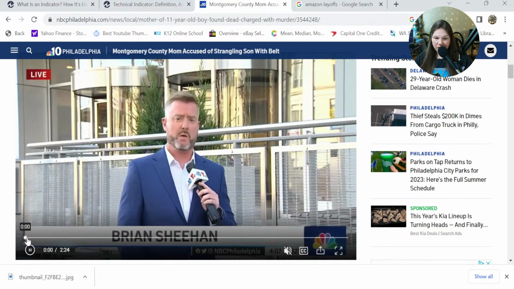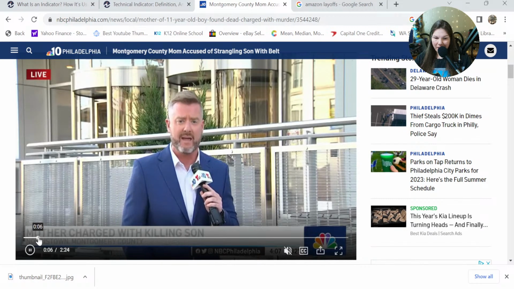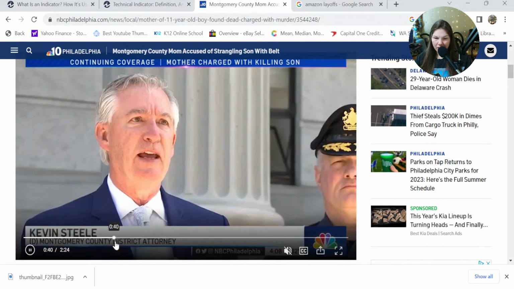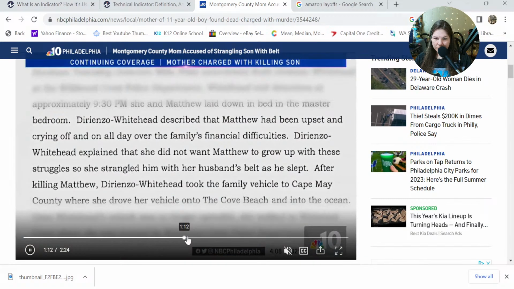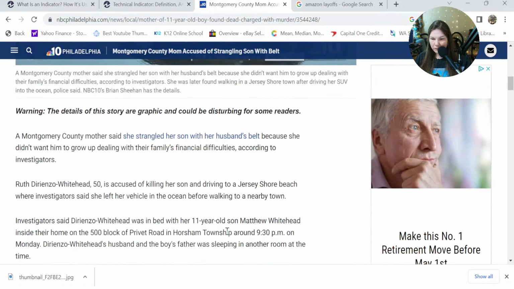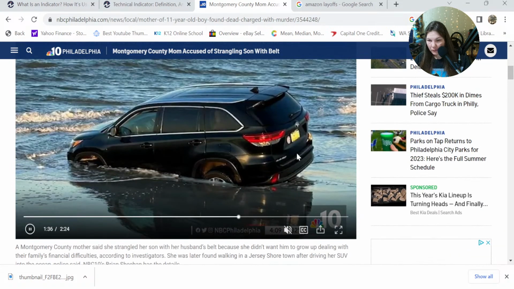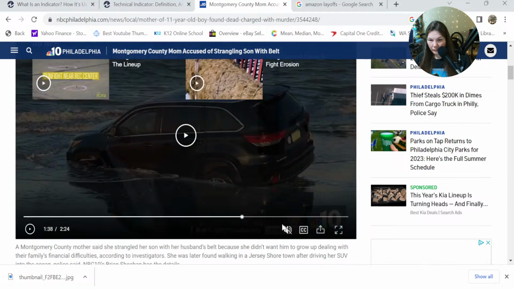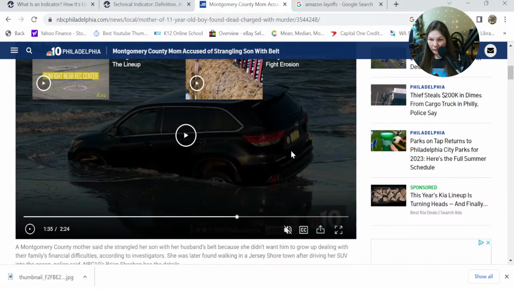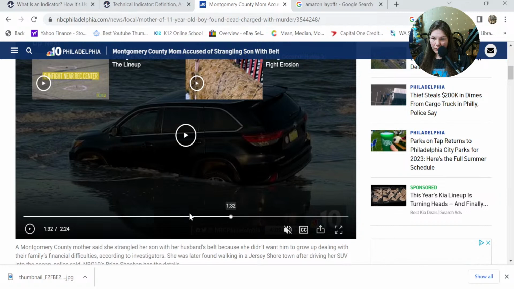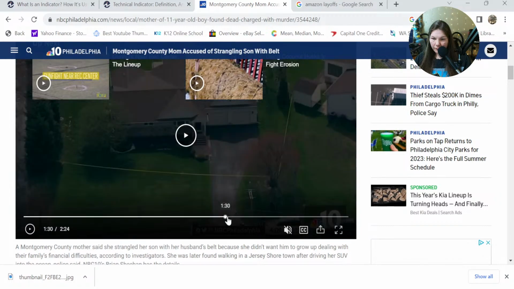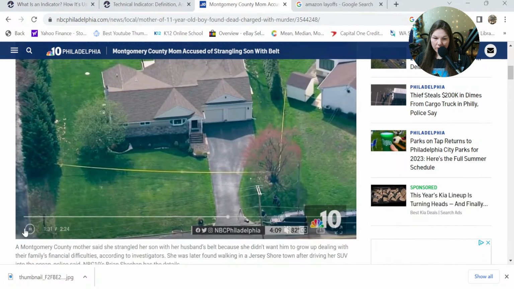I think this has false news. We seen that car. It had a Beamer. Where's the car? There it is. Look at her house.